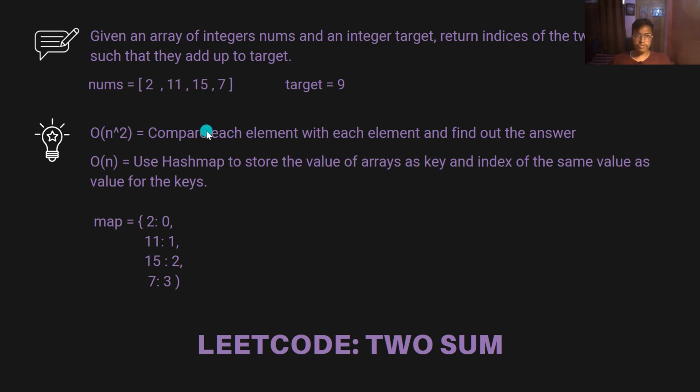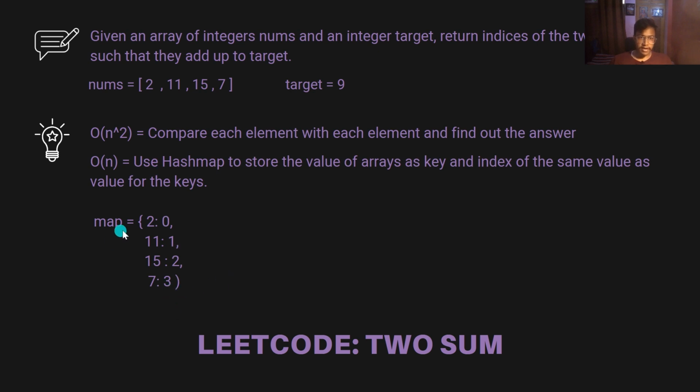I just have to traverse this array once and search for target minus the value at each index. For example, 9 minus 2 would be 7, and I'll search whether 7 exists somewhere in the map. 7 is there, and I'll find that it's at index 3. So I'll return i, that is the index of 2, and index 3. That will be 0 comma 3, and that will be our answer.